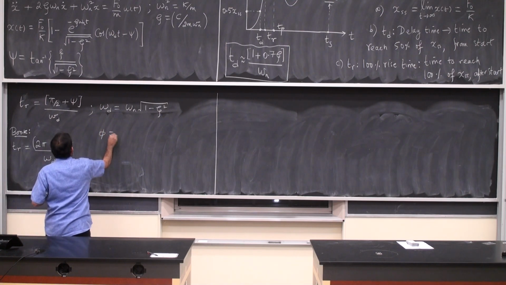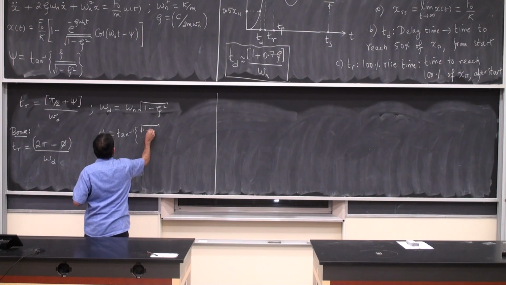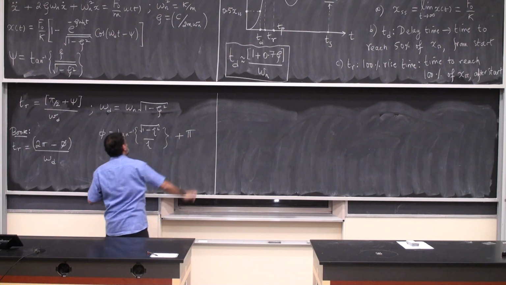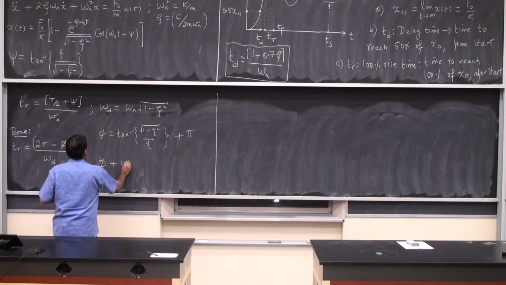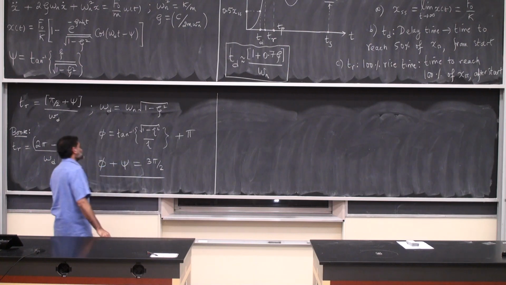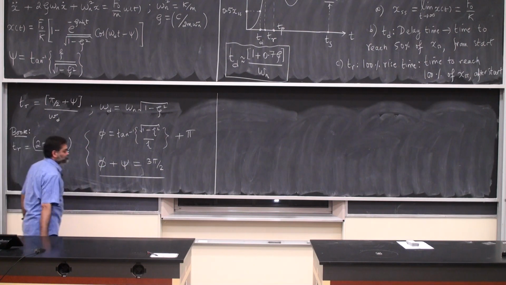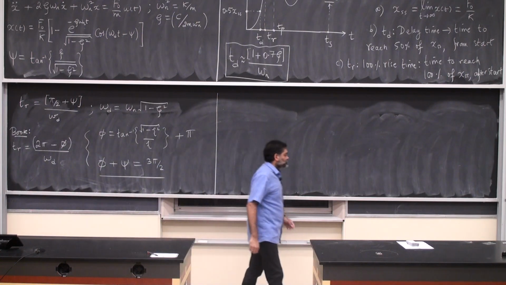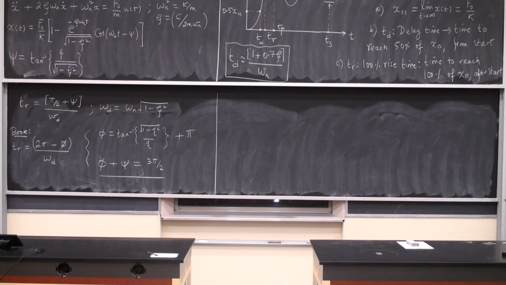So phi, which is tan inverse, this is the definition from the book, and the relationship between phi and psi, once again, these are explicitly shown in the lecture notes that I have posted last class.